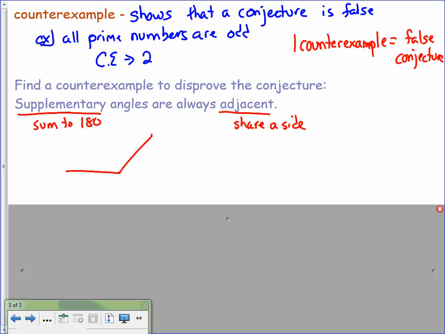And the answer is yes. So I have an angle here that's 120 degrees. I have this one here that's 60 degrees. Are they supplementary? We'll check. 120 plus 60 equals 180. They are in fact supplementary. Are they adjacent? No. Therefore, we have a counterexample. It's that simple.